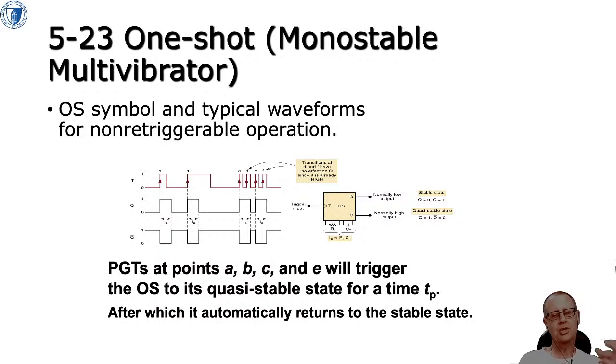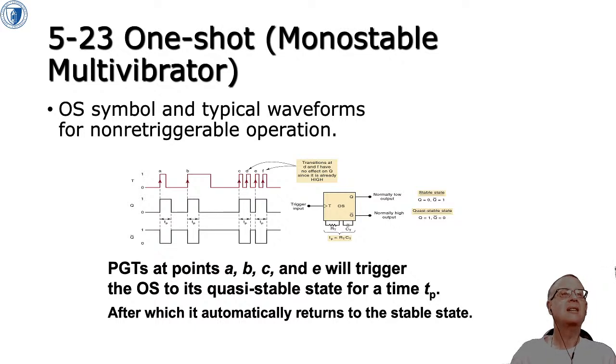If they transition from a 0 to a 1, they stay at a 1. If it's re-triggerable, then you can have it go back to the previous state. Right, so here's an example.